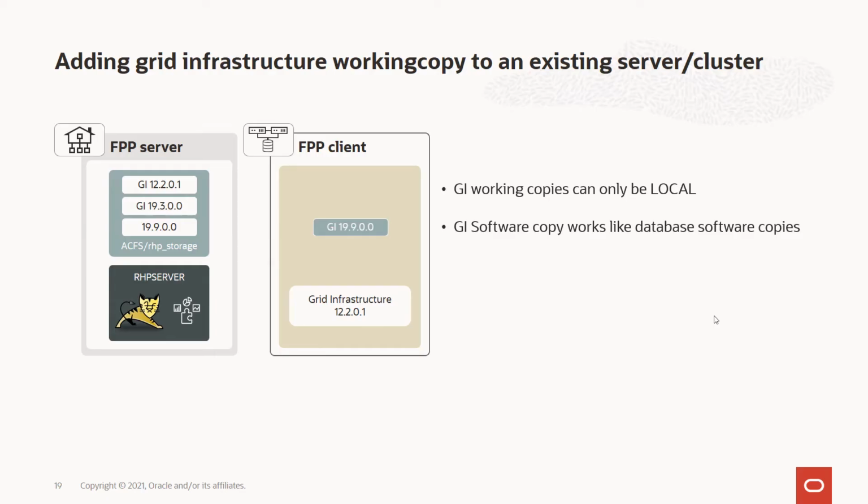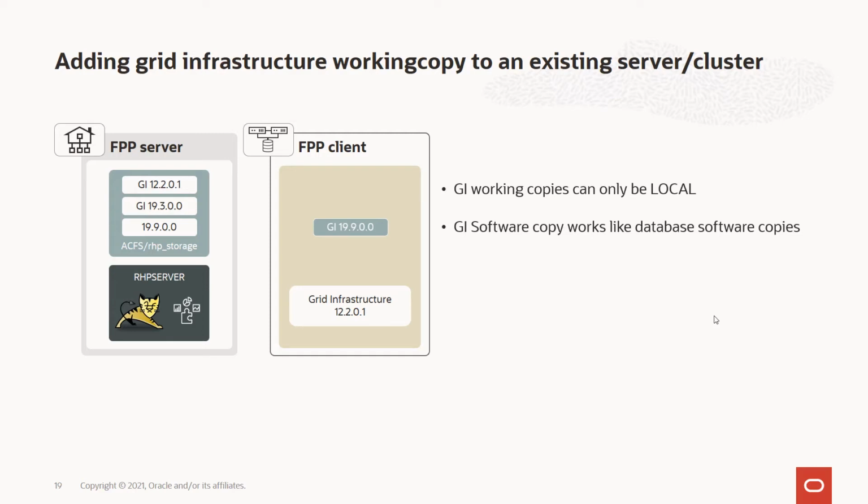So if you already have an existing grid infrastructure installation, the copy of the patched version or the next version will be done as a software only image. And then at the second time, we will need to do the patching or the upgrade.